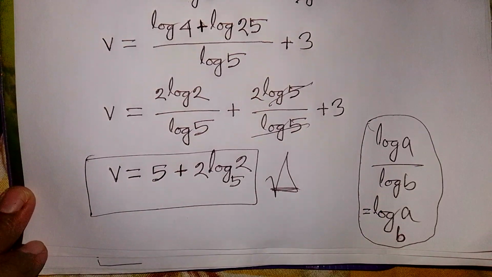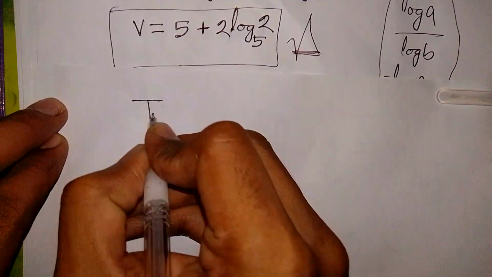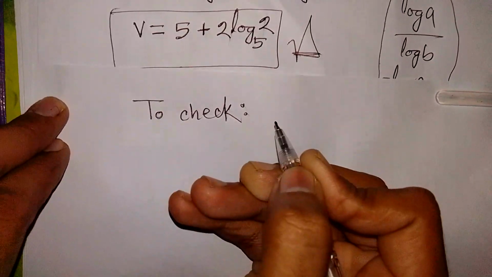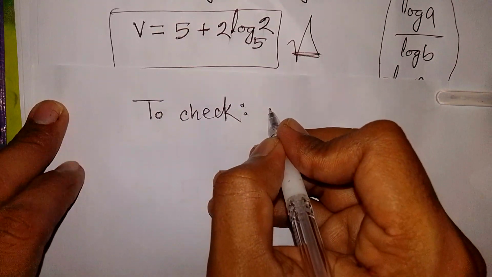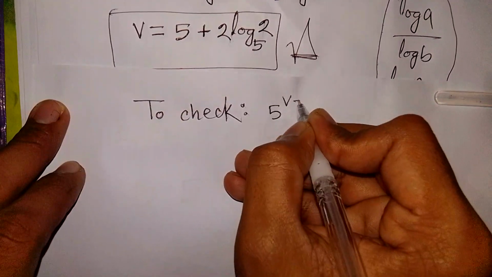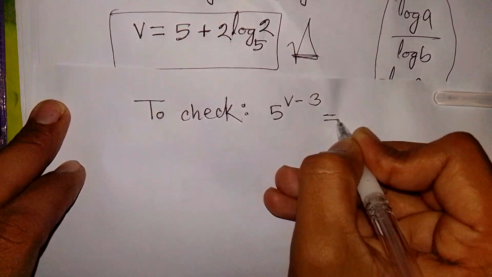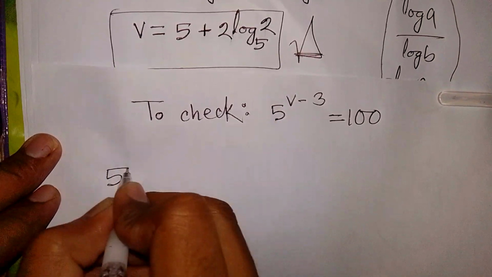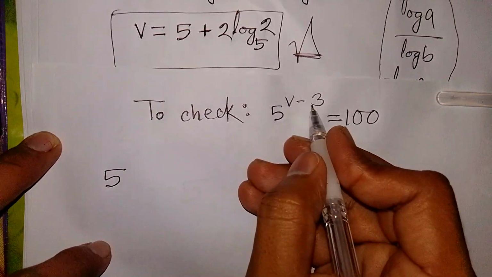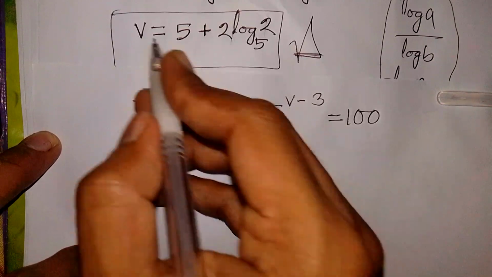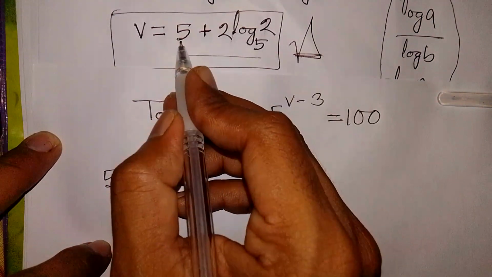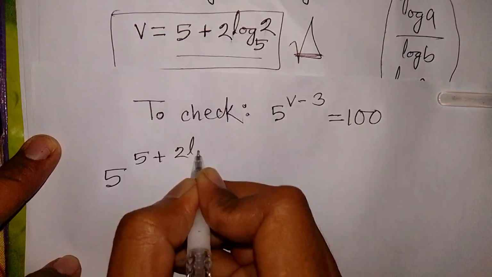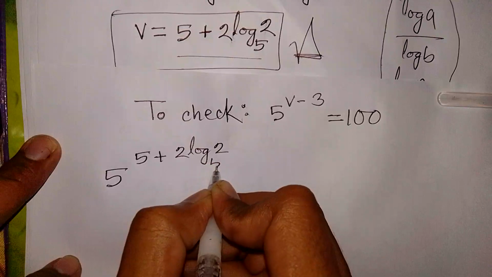Now to check, the equation was 5 power of v minus 3 is equal to 100. So here 5 power of v minus 3. So v, that means the value of v, which is this 5 plus 2 log 2 base 5.